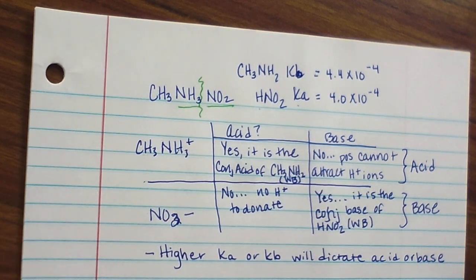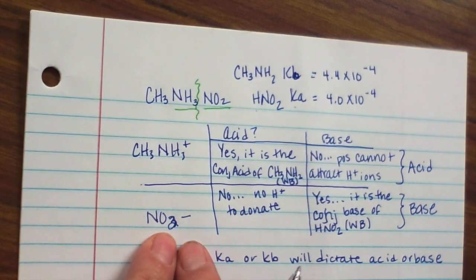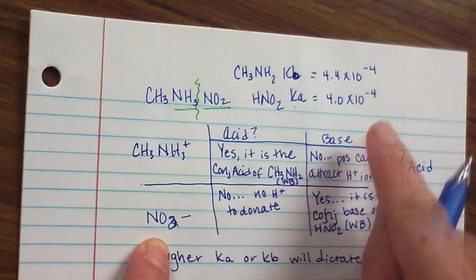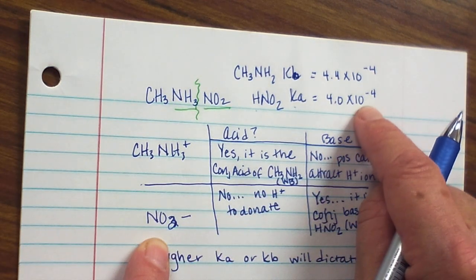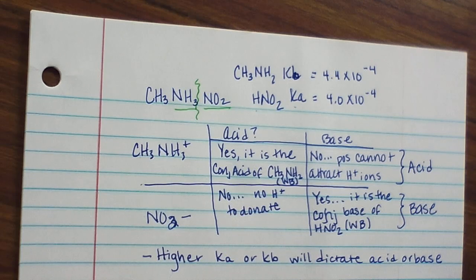I have a quick question. For the base of NO2 minus, the conjugate base of HNO2, that's a weak base? Yes, this is a weak base because it's got a weak acid. So remember, Ka times Kb is equal to Kw, which is 10 to the minus 14. But down there in the chart, it says it's a weak base.